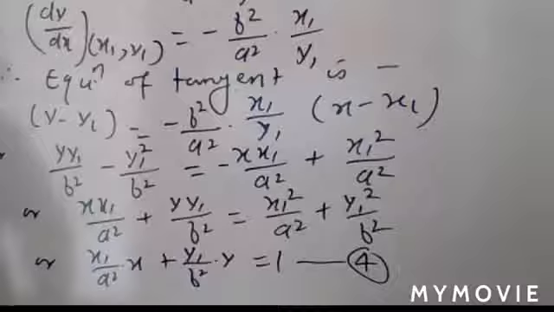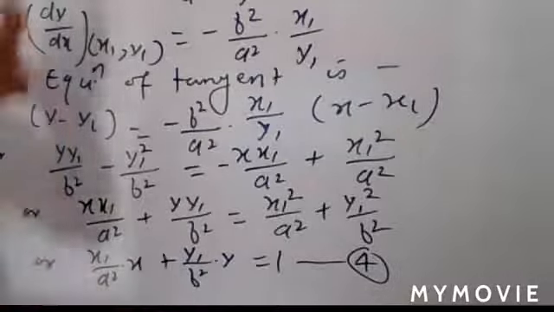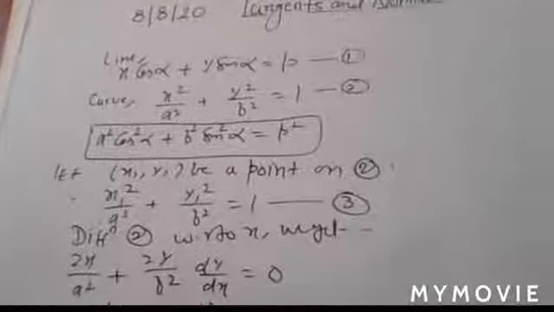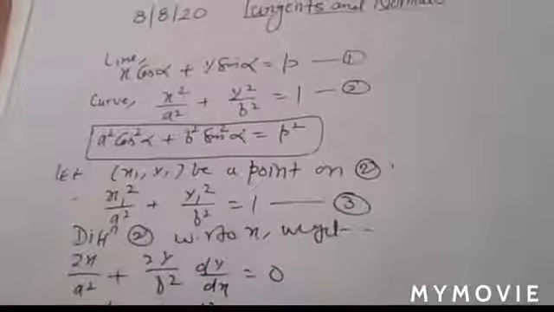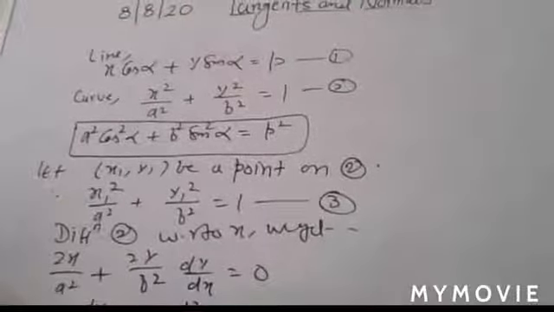Any doubt? No, sir. Okay, beta. So you have the equation of tangent, and the other equation of tangent is already given in your question, the first equation. So line 1 is also the tangent to the curve, meaning the ellipse here.